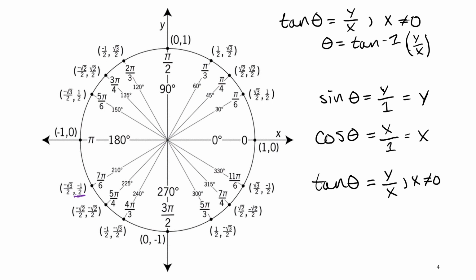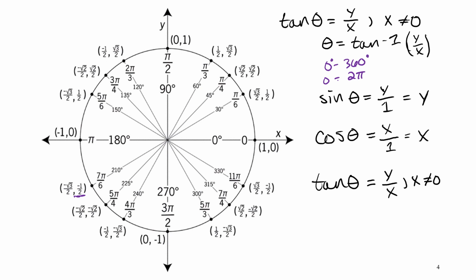Then I include that tangent is equal to y over x, and x cannot equal 0. When you're finding theta, you'll do tangent inverse of y over x, and in some of these problems you have to be in a certain range, like 0 to 360 degrees, or 0 to 2 pi.